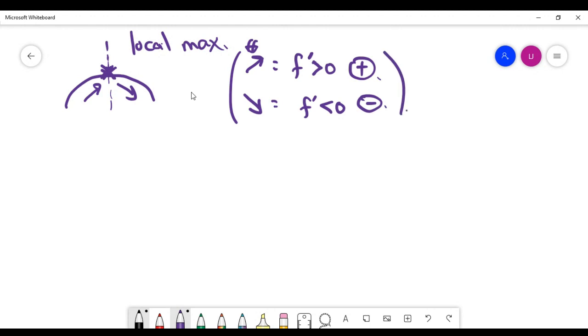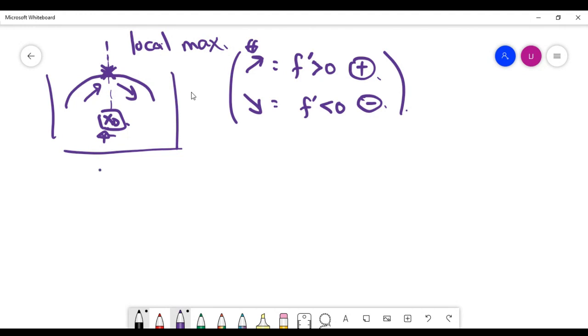So it means, if x0 is a local maximum, we expect that for values slightly smaller than x0, the f prime is positive, like in this picture. And for values slightly bigger than x0, we expect the f prime to be negative.